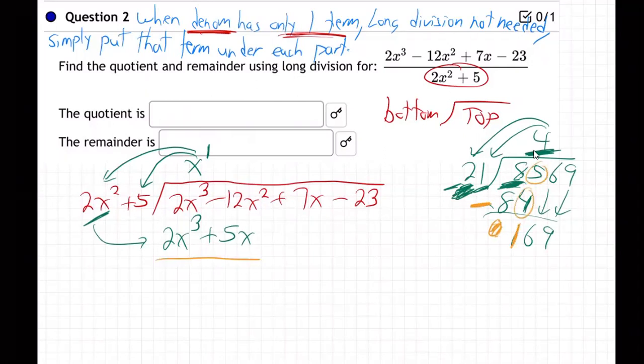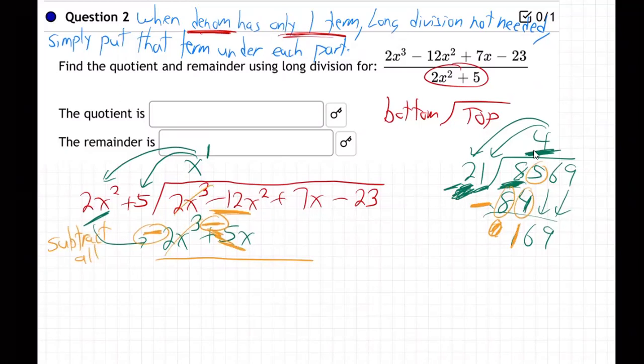So I'm going to do the same thing here. I'm going to subtract, but you're going to subtract all of them. So you're going to subtract this guy, and you're going to subtract this guy. Just like you subtract the 8 and the 4 for numbers, don't you? These guys are gone, of course. And here we have minus 12x squared, and now minus 5.